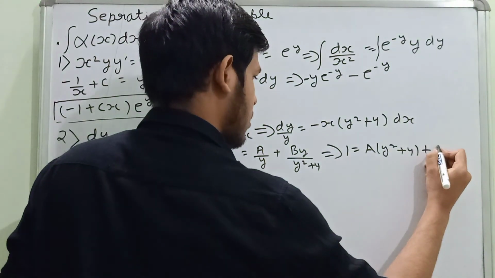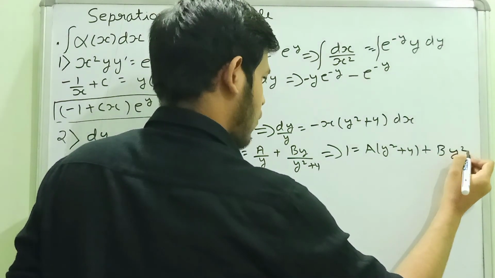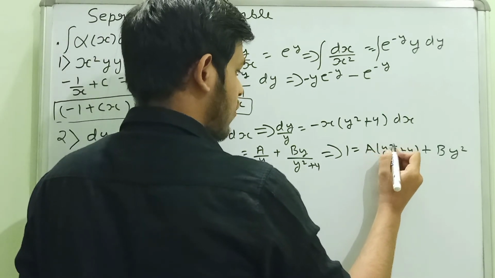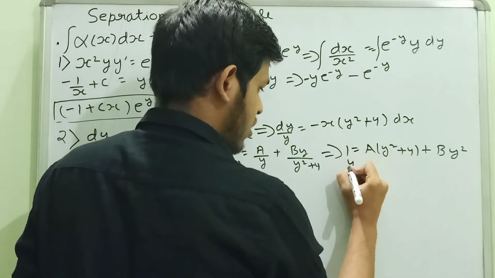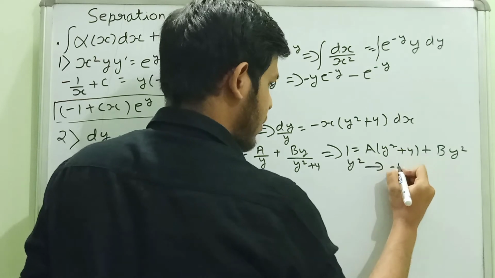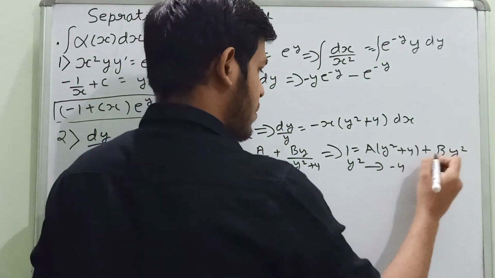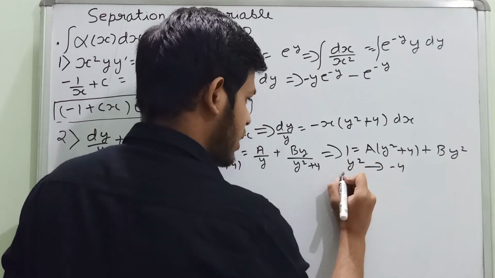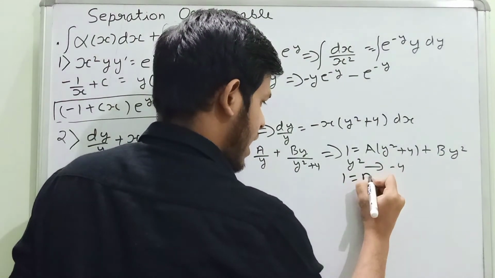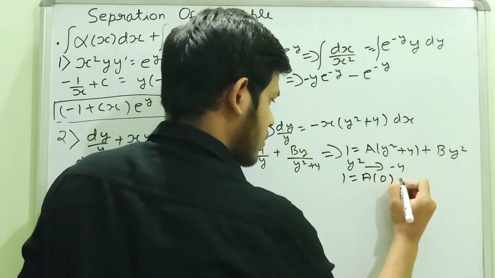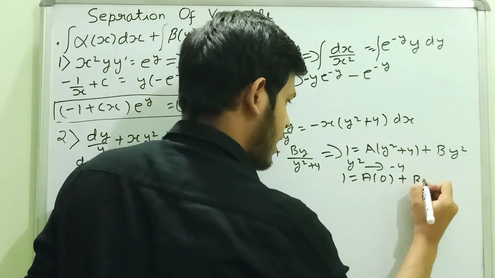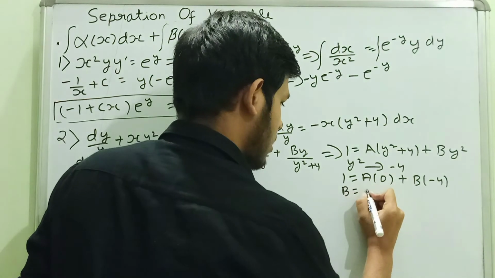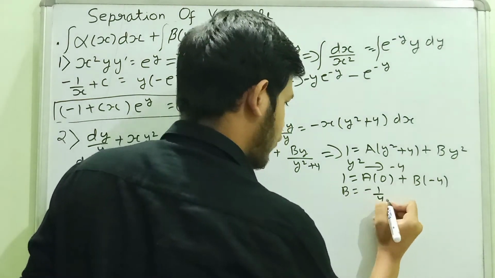What we will do is, let's put y square as minus 4, right? So this term will be eliminated and we will get the value of b. So we will get 1 equals a into 0 plus b into minus 4. So the b value we get is minus 1 upon 4.